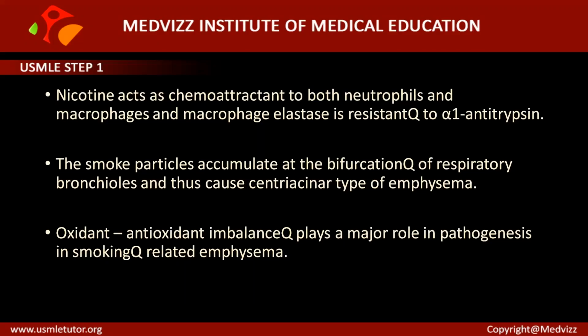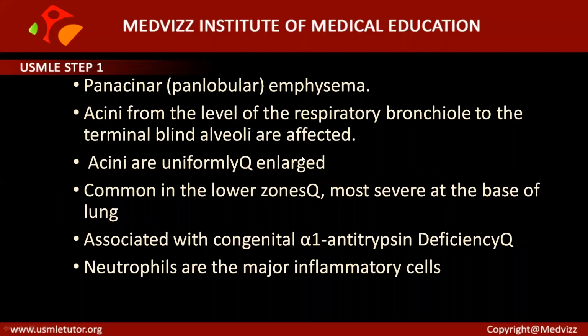The smoke particles accumulated at the bifurcation are responsible for the anatomical location of the emphysema, which is centriacinar. And the antioxidant imbalance also plays a major role in the pathogenesis of smoking-related emphysema. So this is about centriacinar emphysema, the first type.